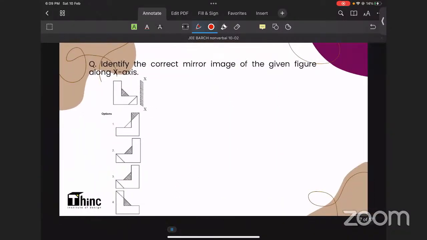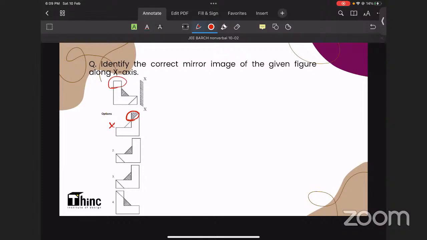Let's try the next one. Another mirror image question. This is the third question we are encountering in mirror images. Over here, for the mirror image of this particular one, we will try to take the case of distortion. I am considering this as distortion because observing this position, I can't find it.